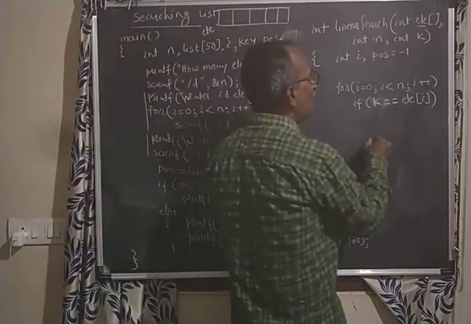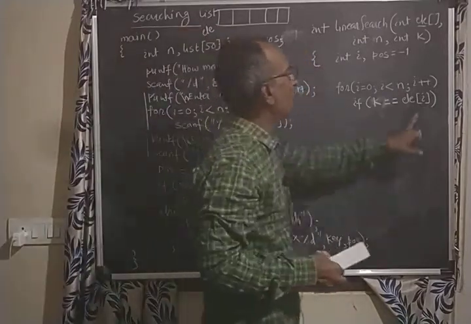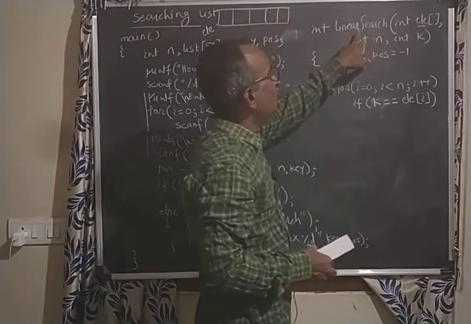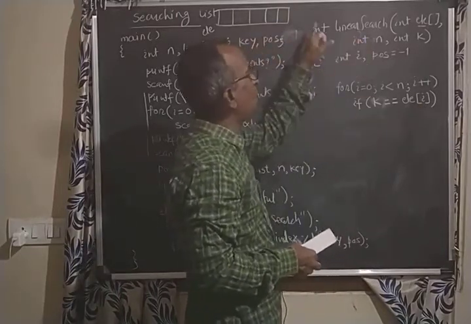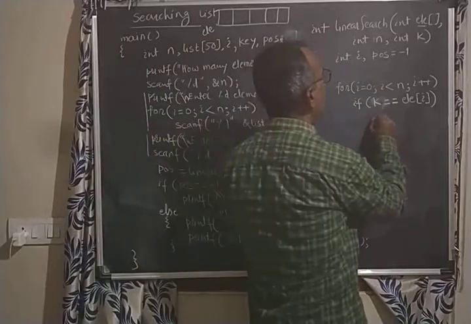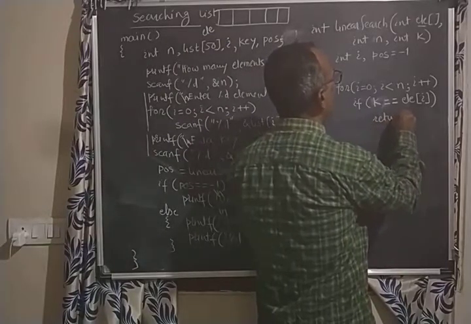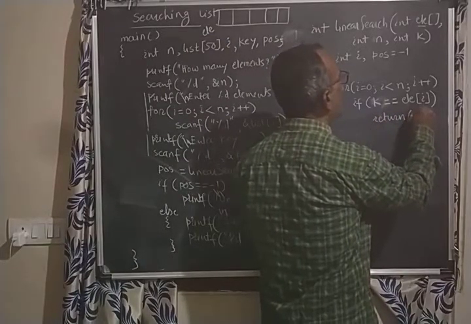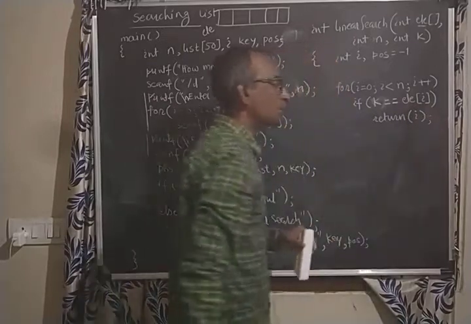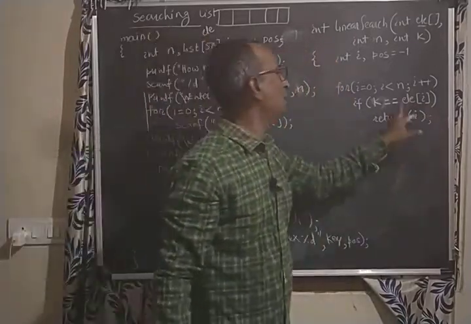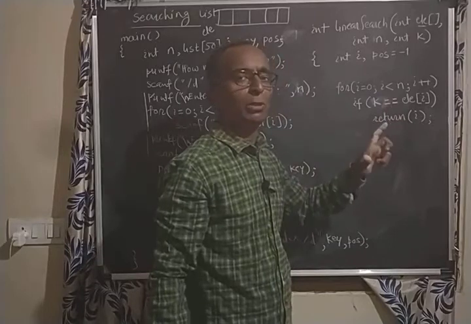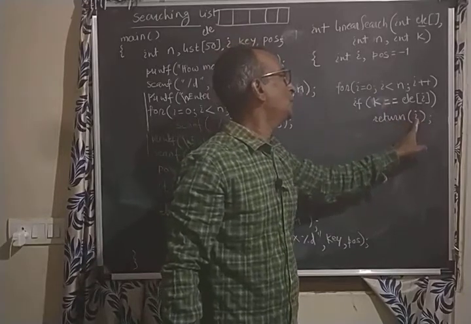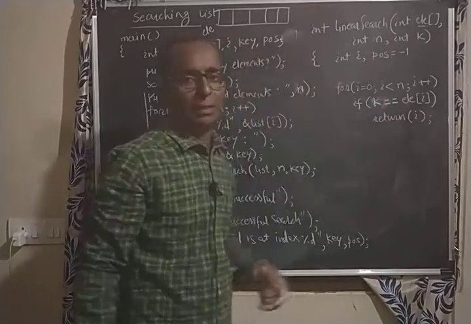So at what position have we found that? This i. What will linear search return? Its position. So directly I can write here return i. Right? It will return if this is equal, means we have found the position, and this is the position, and we are returning that.